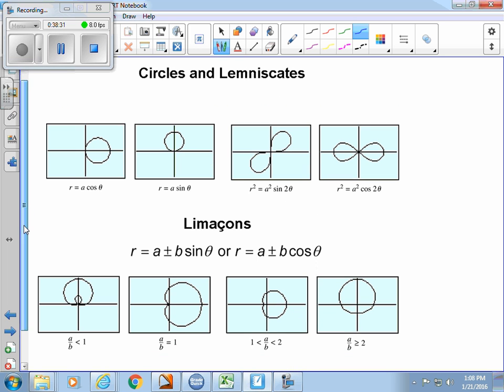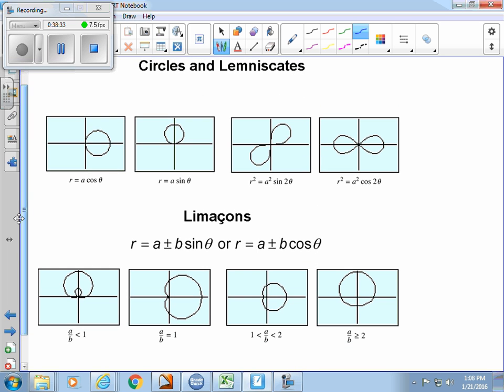Now, what you can do is you can have an idea of what these look like. I think this is in your textbook, so I don't think you have to write it down. If you regret that decision later, you can get it on Edline. But any graph in the form a cosine of theta is a circle. A sine of theta is a circle.